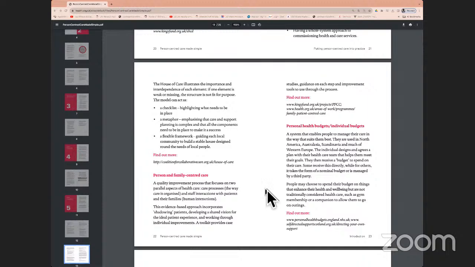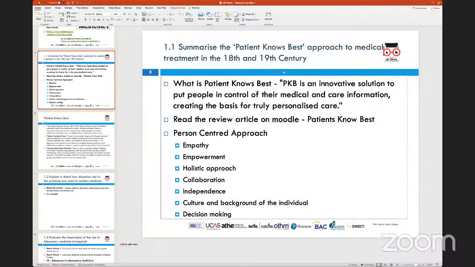So this concept of person-centered care is related to the concept that the patient knows best.